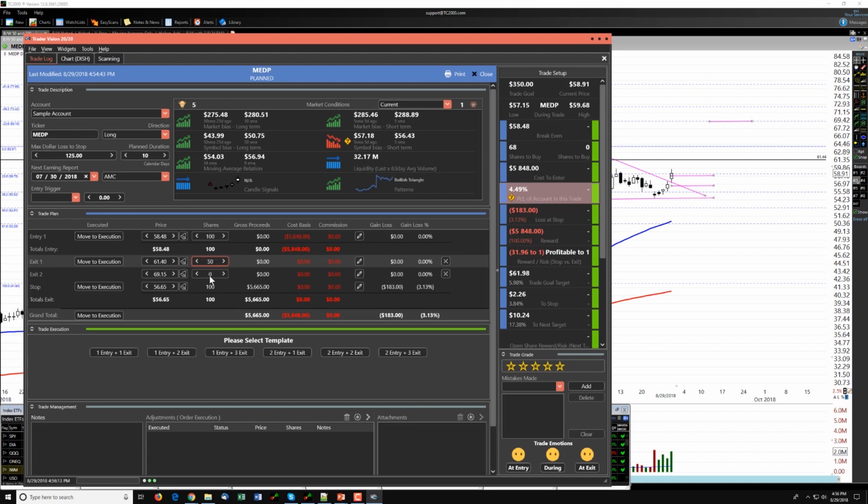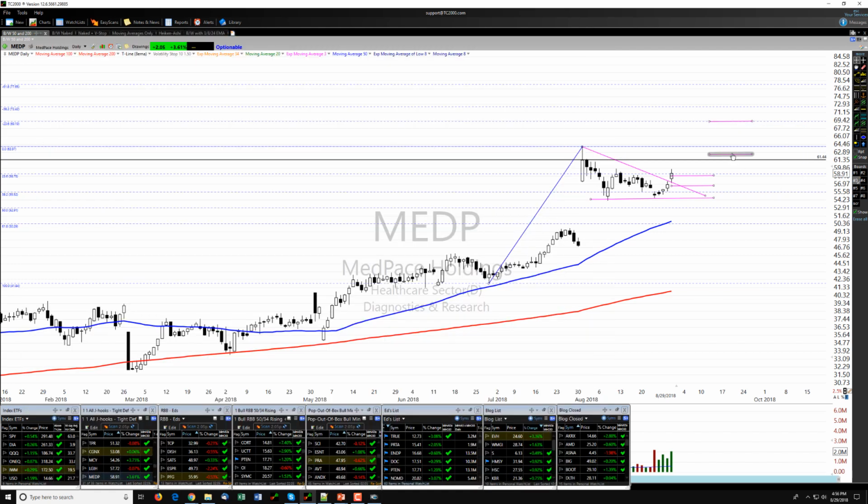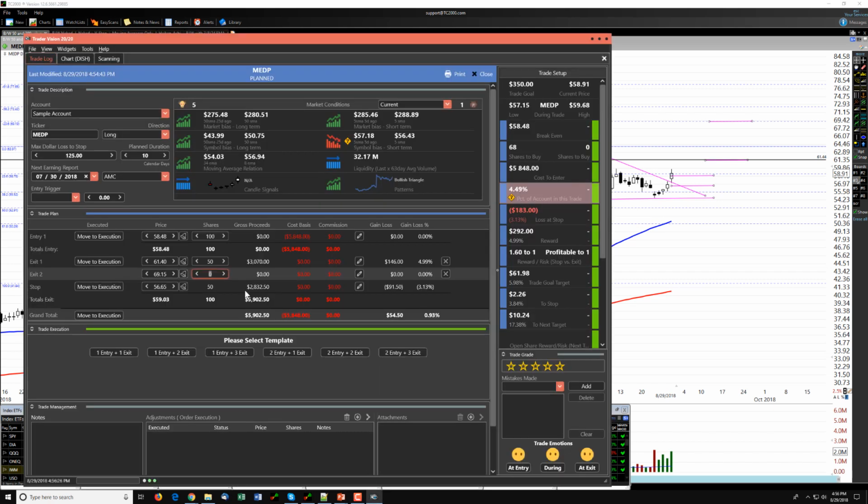With those numbers and your first target being right there, you're getting only 1.6 to 1, but you would make almost 300 bucks, 292, if you sold that position there.